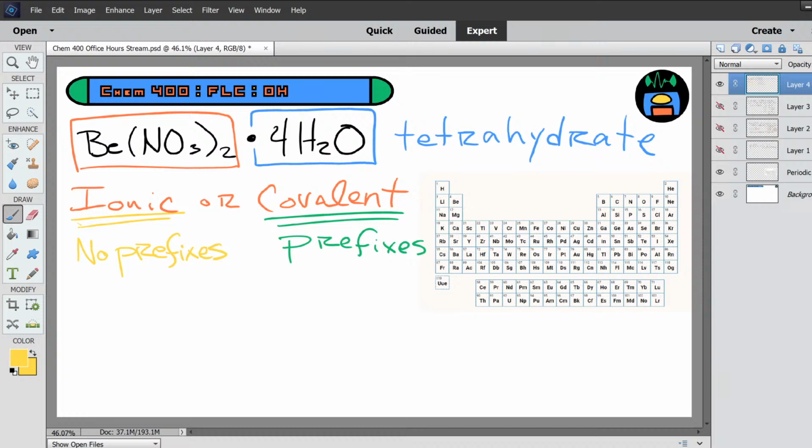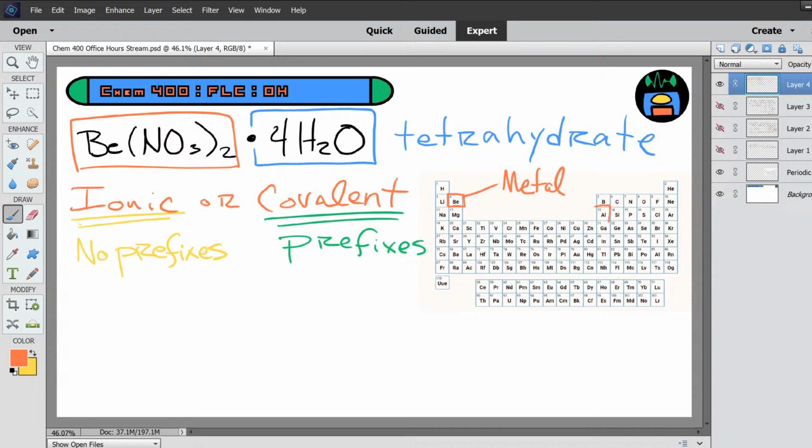So when you look at it, is this ionic? Is this covalent? First off, beryllium is right here. It lands squarely on the metal side of the railroad tracks.